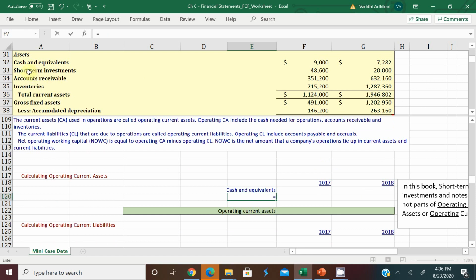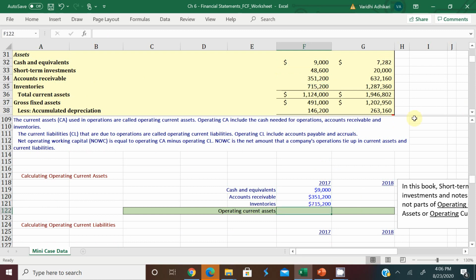Short-term investment, I'm not going to include. Accounts receivable and inventories, those will be the items in operating current assets. And in 2017 it was 9,000 here. Accounts receivable, I have to skip a line. Accounts receivable was 315,100, and inventories were this much.